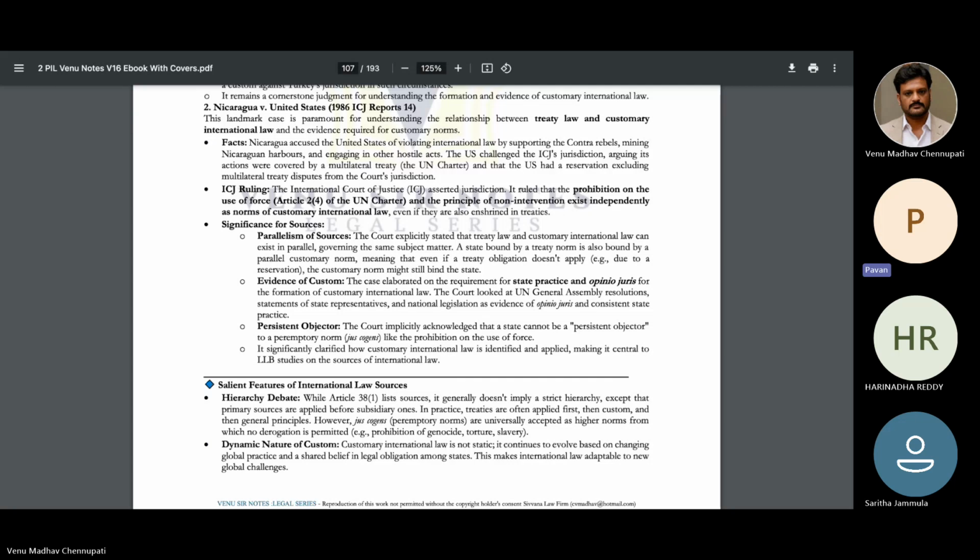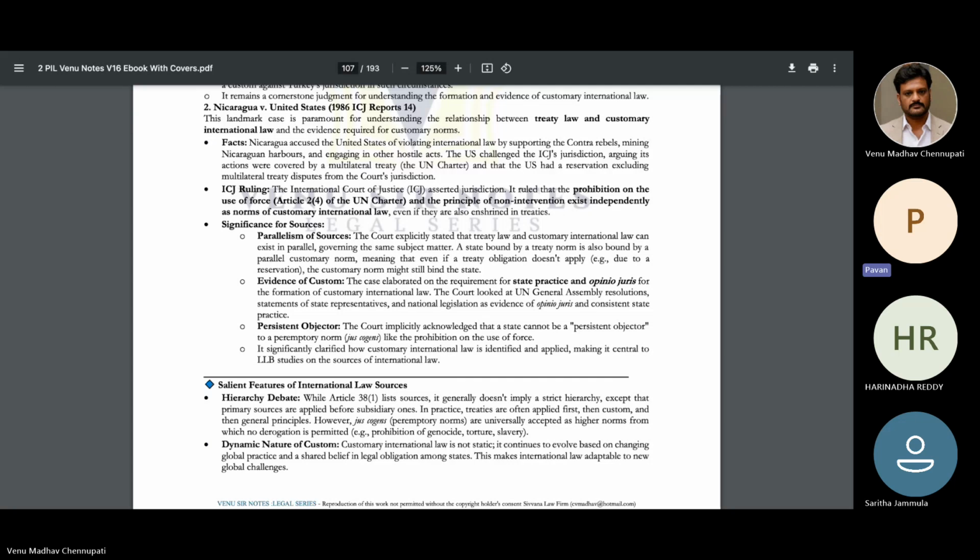Evidence of custom: the case elaborated on the requirement of state practice and opinio juris for the formation of customary international law. The court looked at UN General Assembly resolutions, statements of state representatives, and national legislation as evidence of opinio juris and consistent state practice.